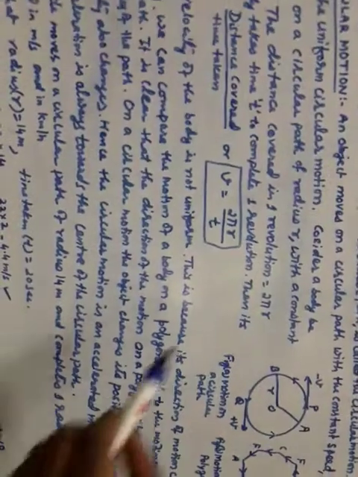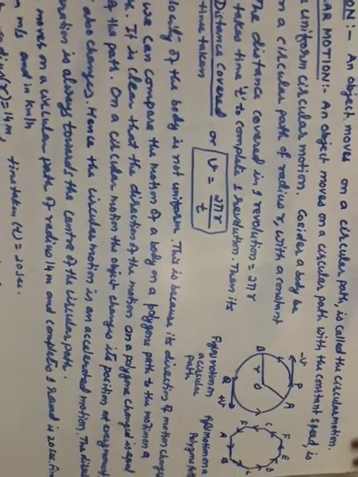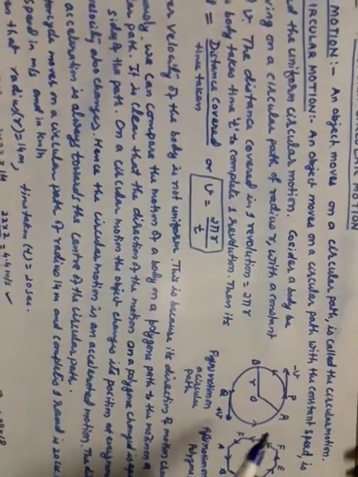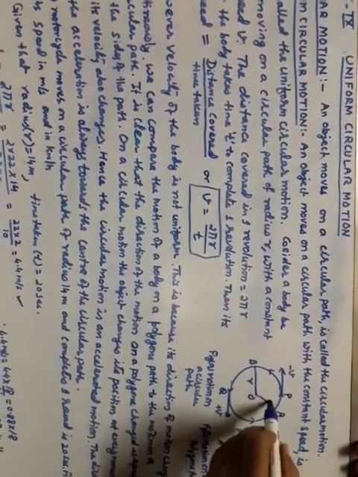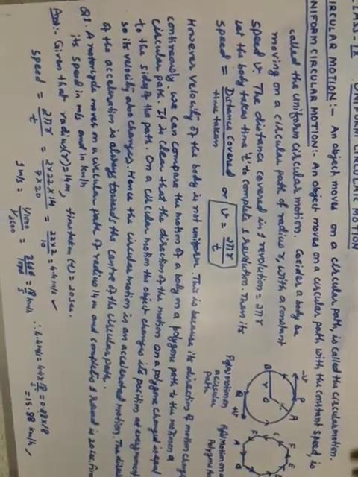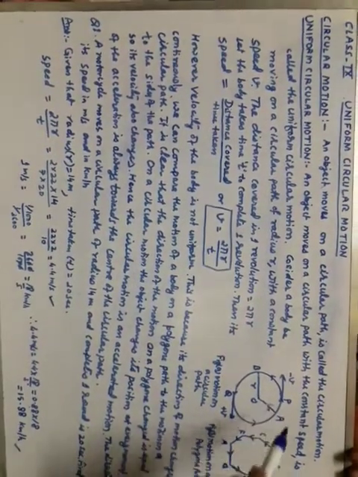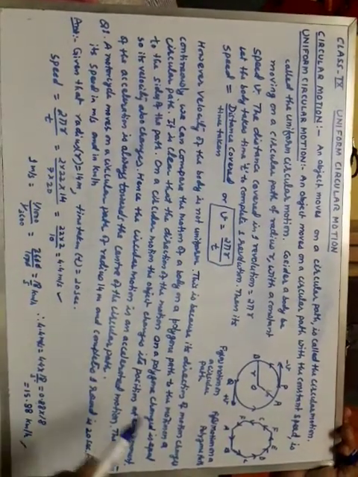Therefore, circular motion is an accelerated motion, whose direction of acceleration is always towards the center of the circular path.